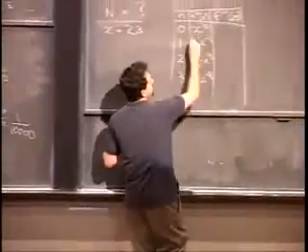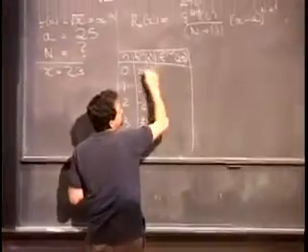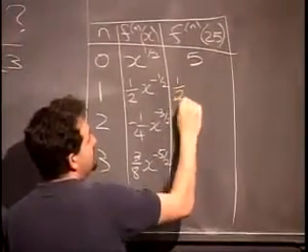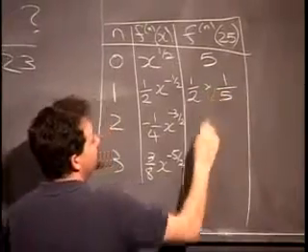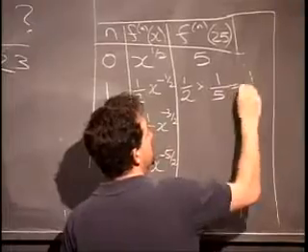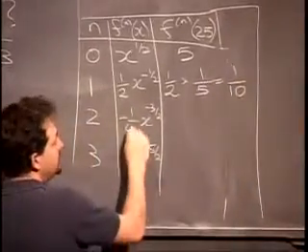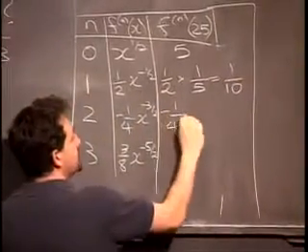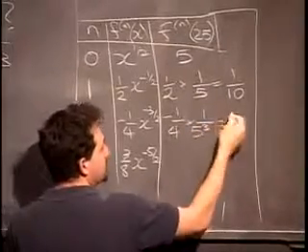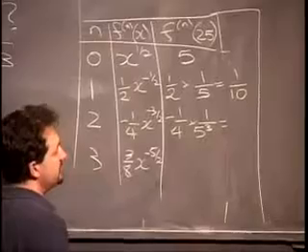Anyway, let's plug in 25. You get the square root of 25 is 5. You get here 1/2 times 1 over 5, which equals 1/10. Here I get minus 1/4 times 1 over 5 cubed. 5 cubed is 125.